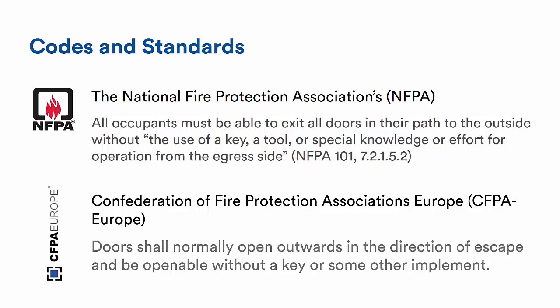So very, very similar. And working from published codes and standards, how can we ensure that the hardware you're installing will behave as intended in accordance to these codes and standards like NFPA or CFPA?